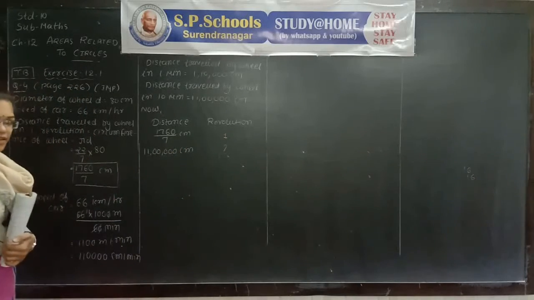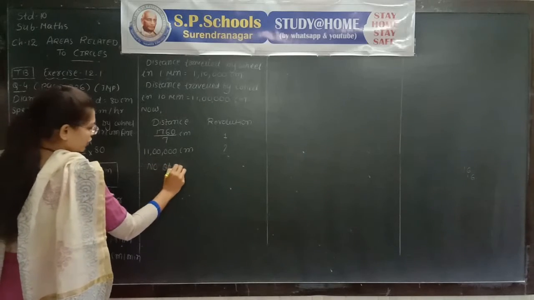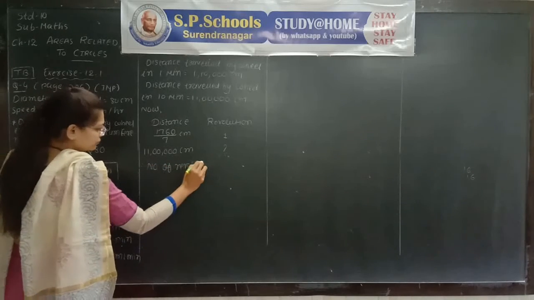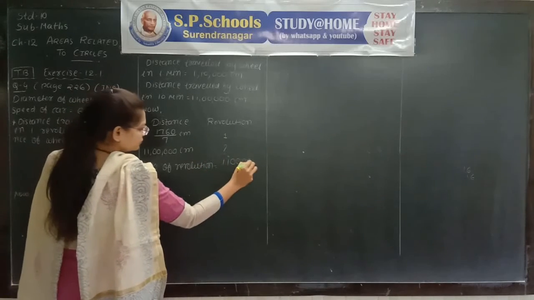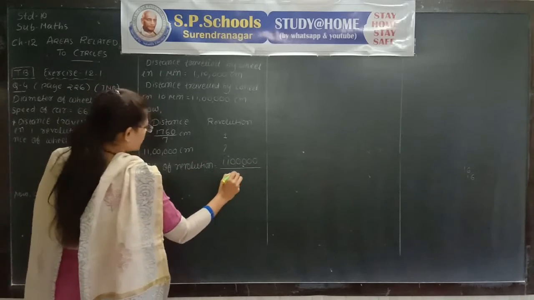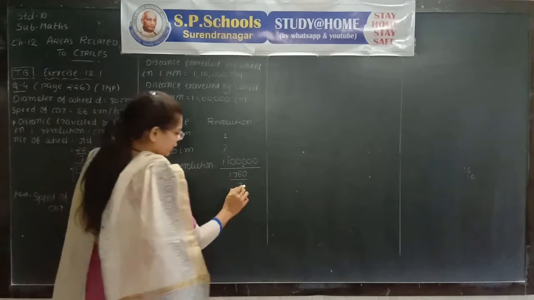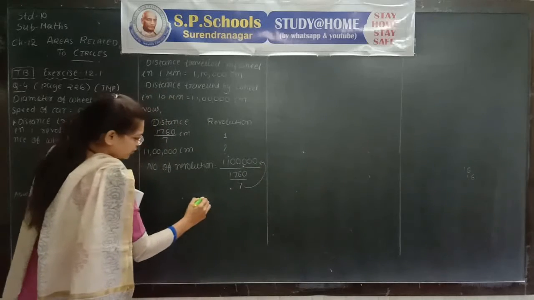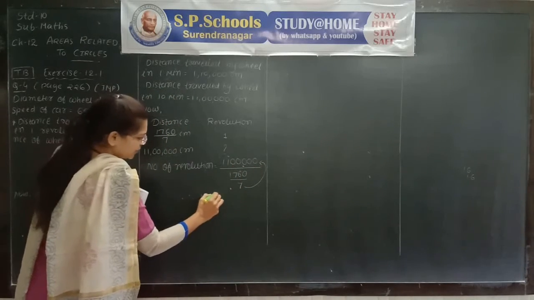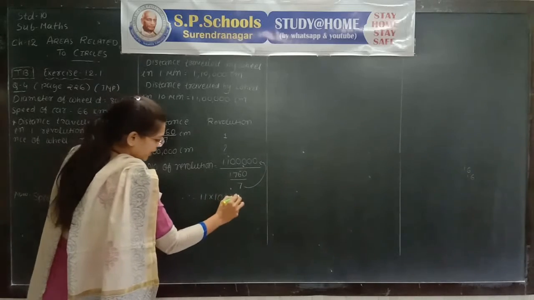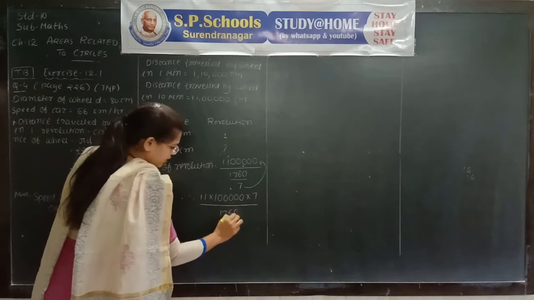Then what is the number of revolutions? Therefore, number of revolutions is equal to 11 lakh upon 1760 upon 7. Now the denominator goes to the numerator. We cancel the zeros. 1 lakh into 7 upon 1760.